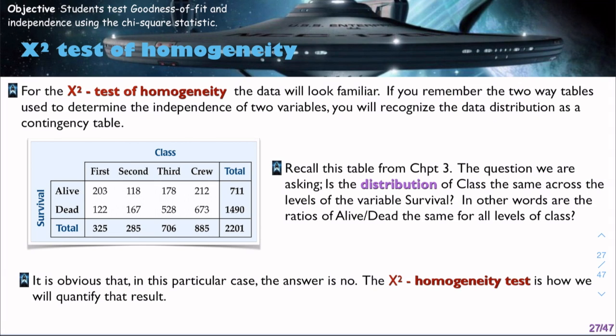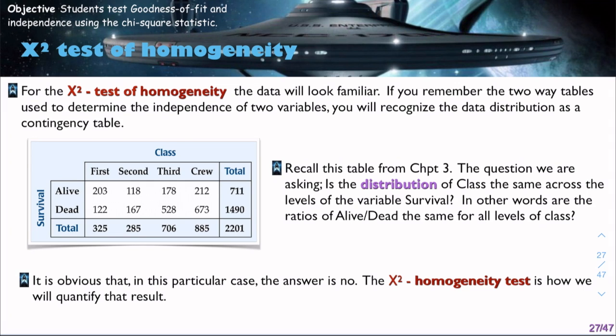And we were wondering, are these distributions equivalent? The question we were asking: is the distribution of class the same across levels of the variable survival? In other words, are the ratios of alive to dead the same for all levels of class? We did that by looking at bar charts, contingency tables, and stacked bar graphs, all things you should remember doing.